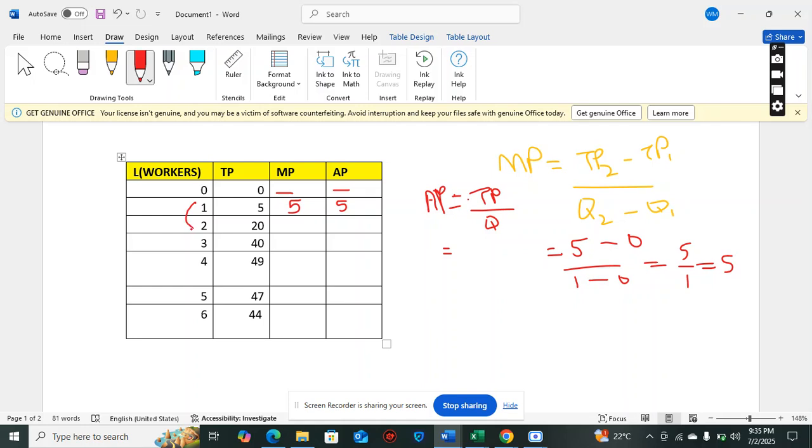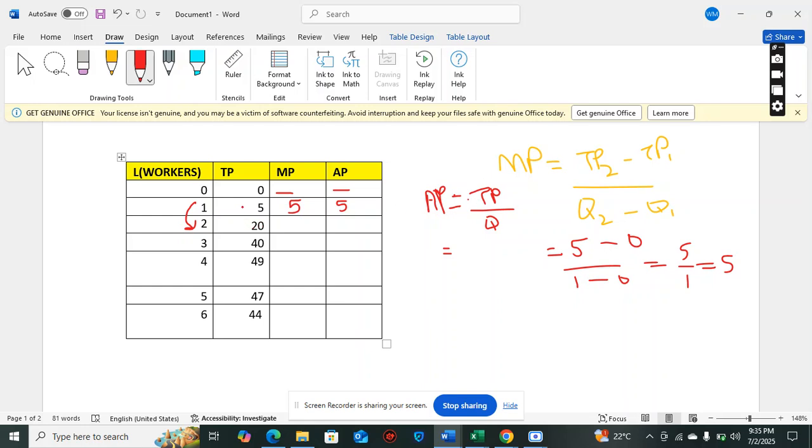You now hire a second worker. Remember, you have still got one machine. What is the addition? We want to find out the marginal product, or the additional output this second worker brings.